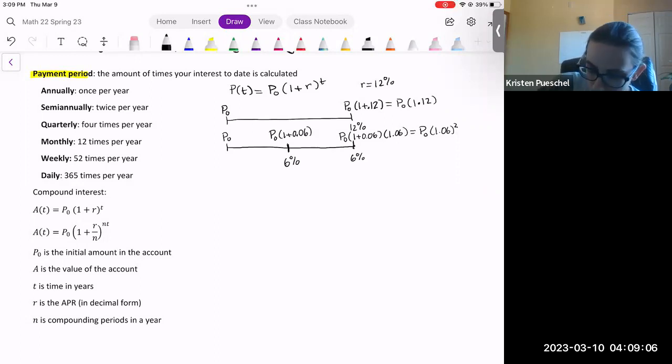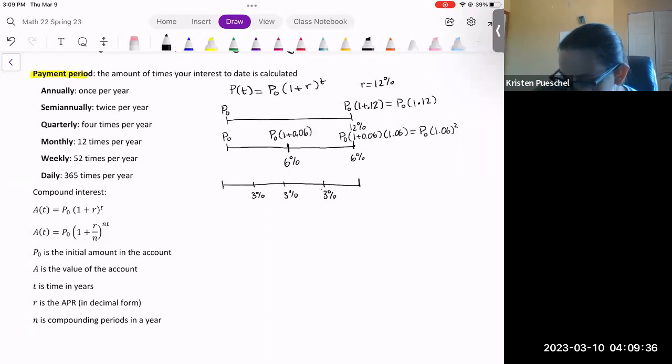All right. If we had done, let's say, a quarterly calculation of payment, at the end of the year, we want 12% growth. We're going to break that 12% up into 4 equal growth periods. So we're going to have 3% in the first quarter, and then 3%, and then 3%, and then in the final quarter, another 3%. So we start off with our initial investment of P naught.